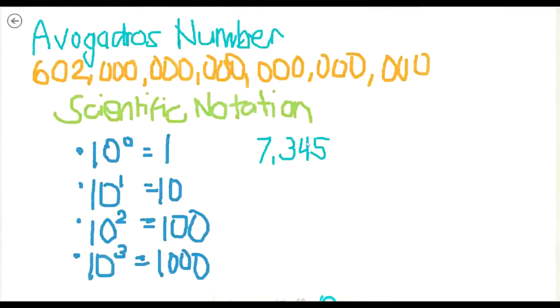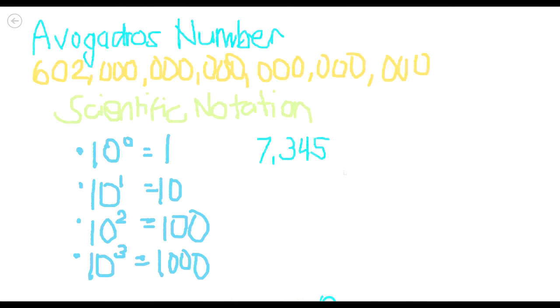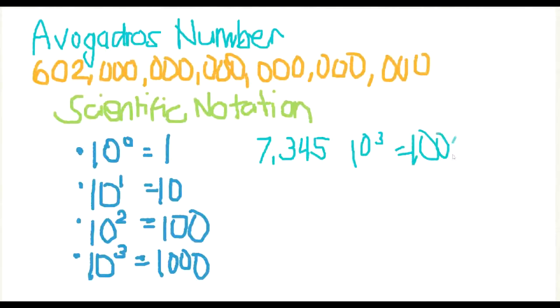And I wanted to write it in scientific notation. So I guess the best way to think about it is, 7,345. How can I represent 1,000? Well, 10 to the third is 1,000.